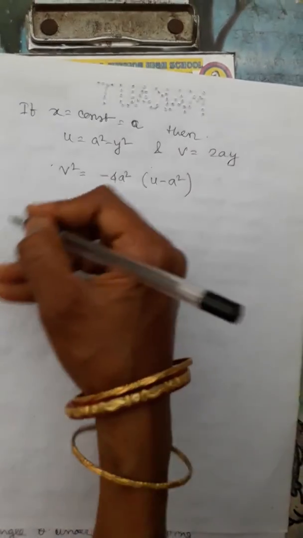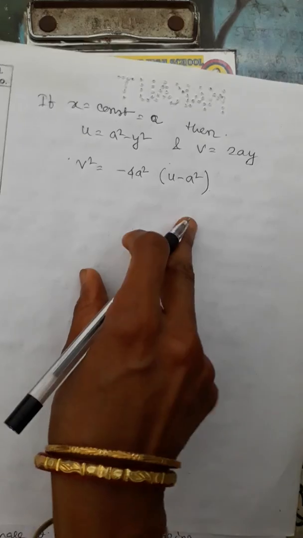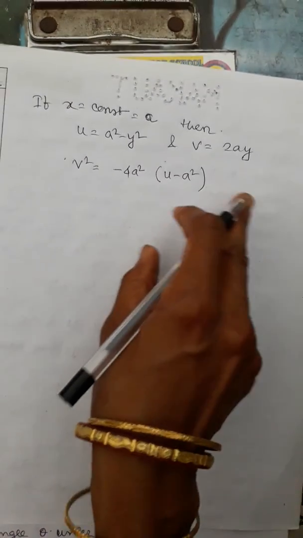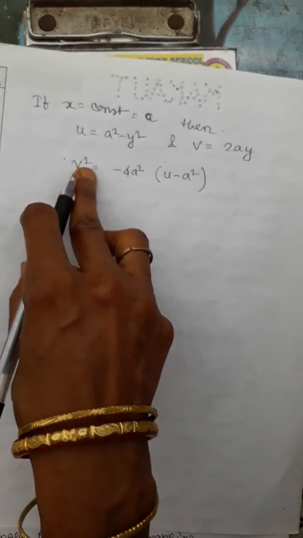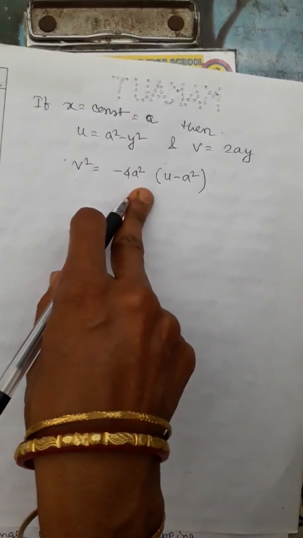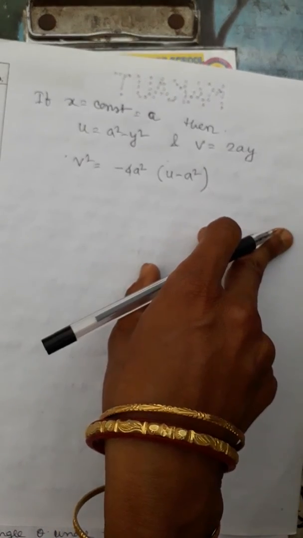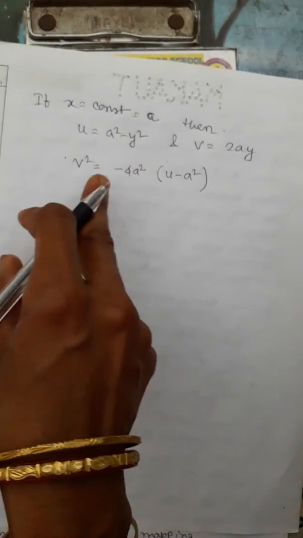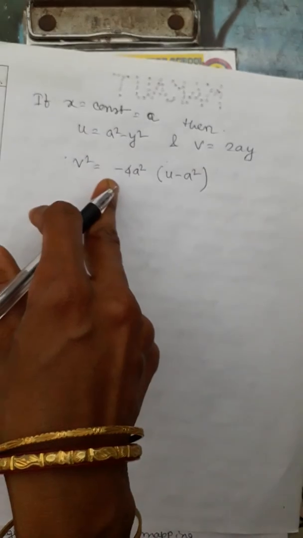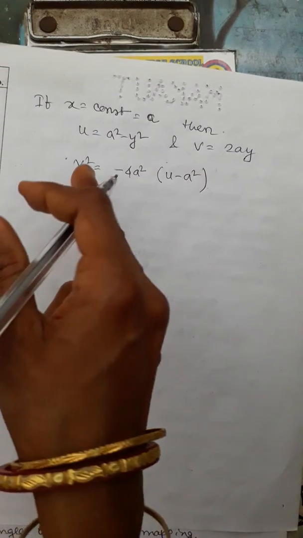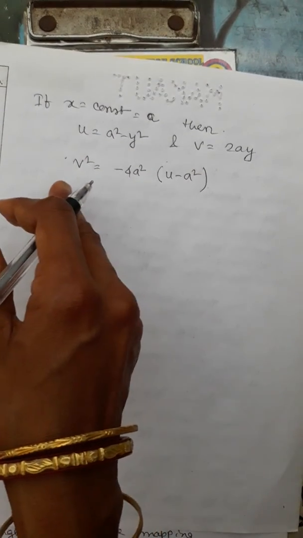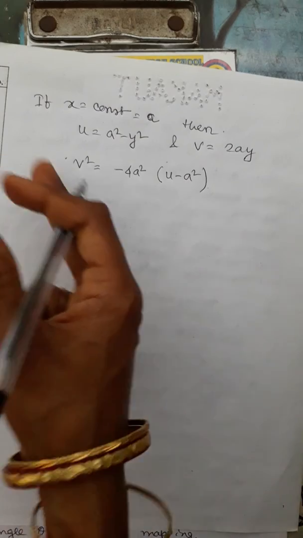That means the line x = a in the z plane corresponds to the parabola v² = −4a²(u − a²) in the w plane. And if we replace a by −a, that means the line x = −a in the z plane, then we get the same parabola in the w plane.